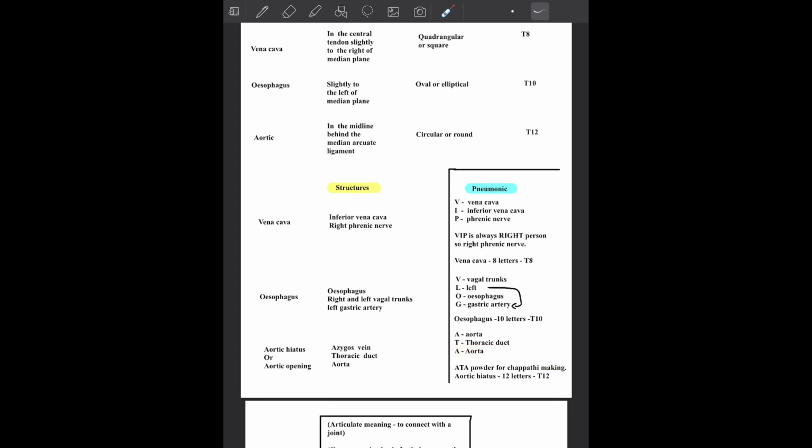I included hiatus to make it look like it has 12 letters. Aortic hiatus has 12 letters, so it is located at the vertebral level T12.